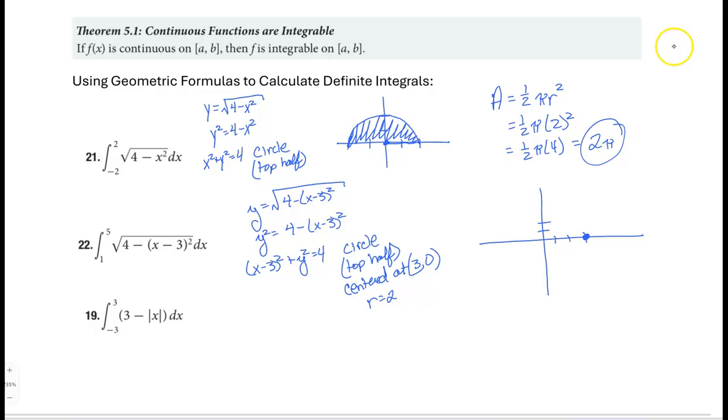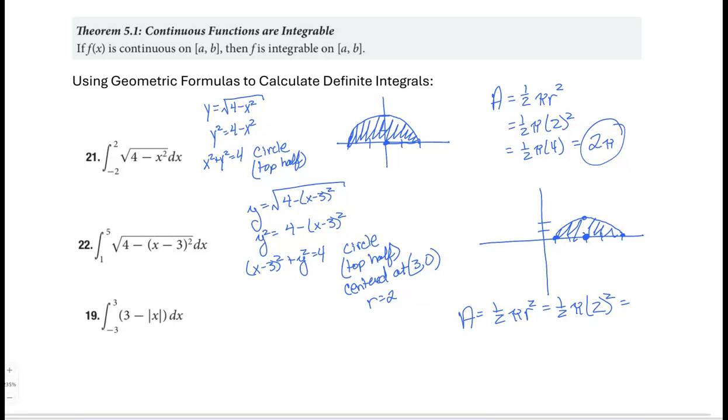So I'm going to draw a sketch. So from the center, I'm going to go up 2. I'm going to go left 2. And I'm going to go right 2. So here's my picture. So to find the area, again, it's 1/2 pi r squared. That radius is 2.